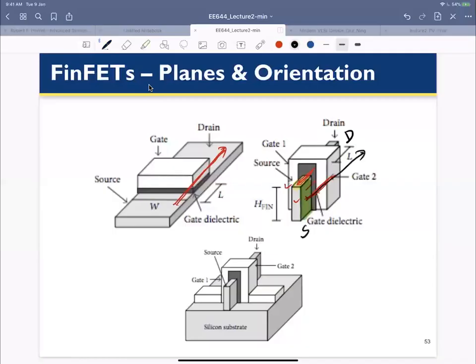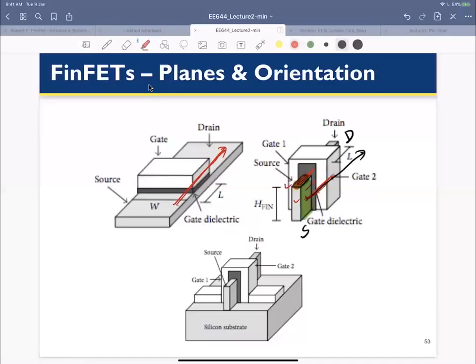If this top plane is 100, which is where our wafer surface is, what is this plane which is colored green? The side planes, perpendicular to the 100 plane, are always 110.